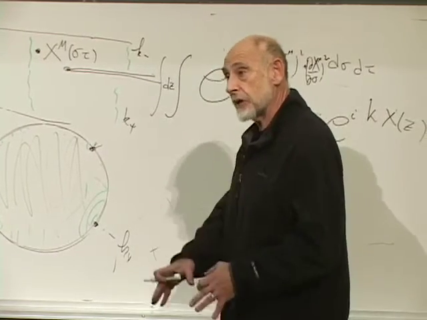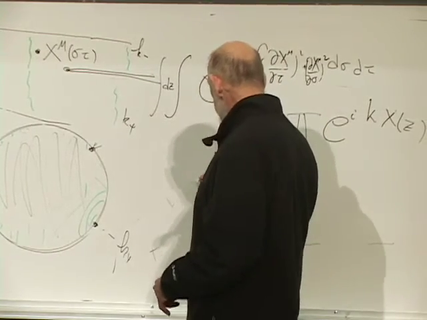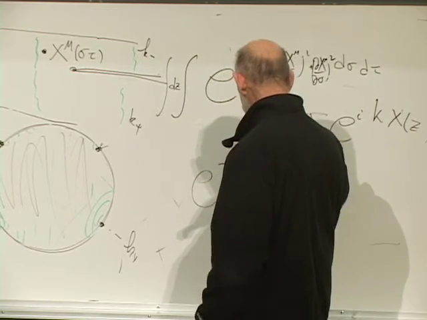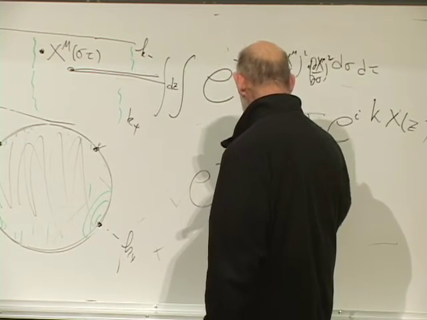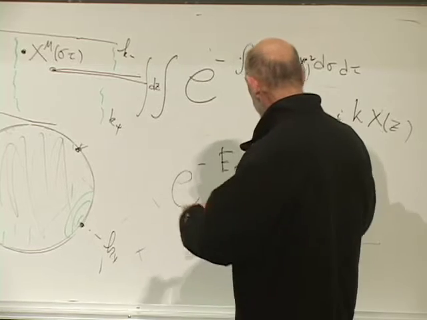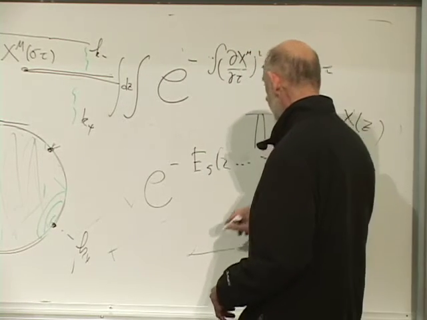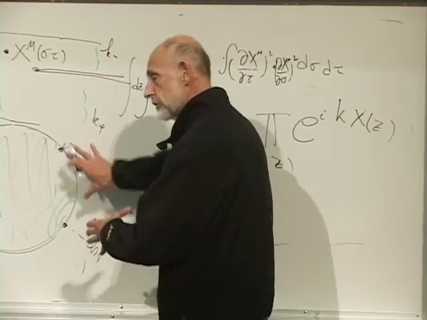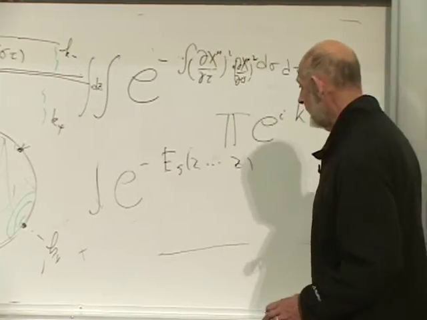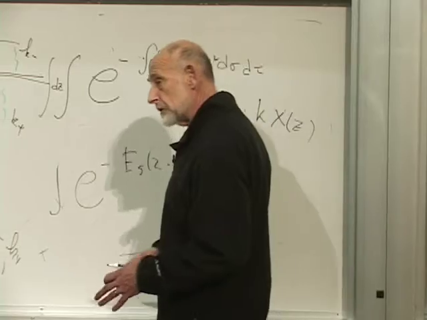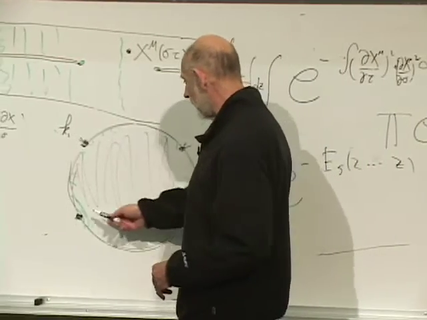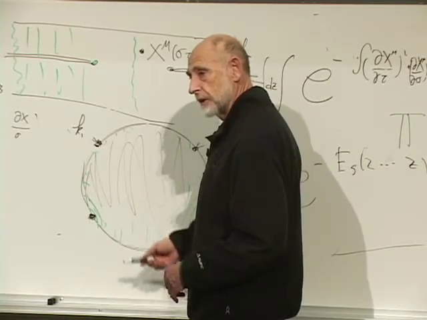You take that electrostatic energy, you exponentiate it, e to the minus the electrostatic energy. The whole answer depends on the positions of the charges, and you integrate it over the positions of the charges. Okay? You calculate the 26 electrostatic energies for the 26 different kinds of charges. How do you do that?